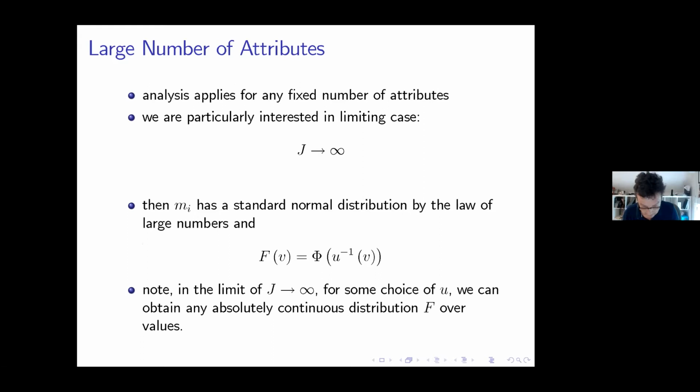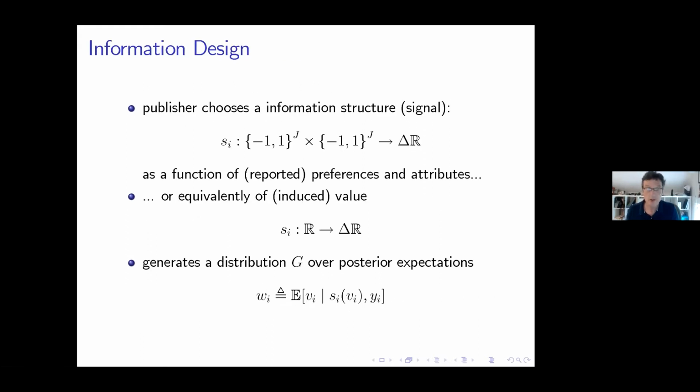Good. The first question, the information design, is the question we're going to map. We're going to provide a signal as a function of the elicited attributes and the elicited preferences that informs the bidder about the posterior expectation he should have over the value that is being offered to him. Okay, so the bidder knows his own preferences.